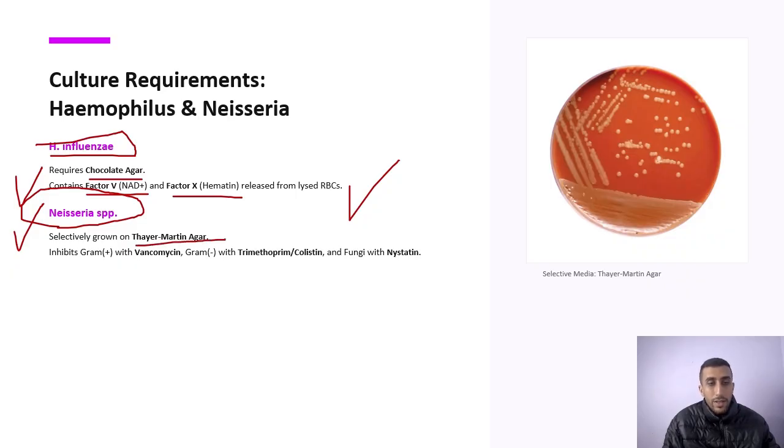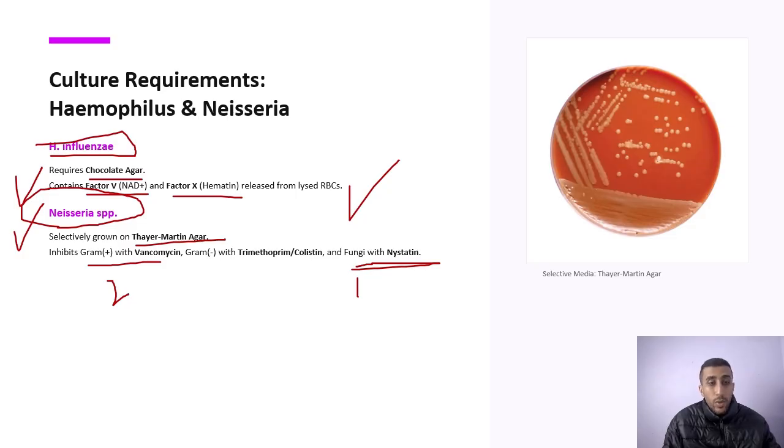The idea behind Thayer-Martin agar is that we create a selective environment for Neisseria by fighting other organisms. First, we eliminate the fungi with nystatin. Second, Neisseria are gram-negatives, so we eliminate the gram-positives with vancomycin.